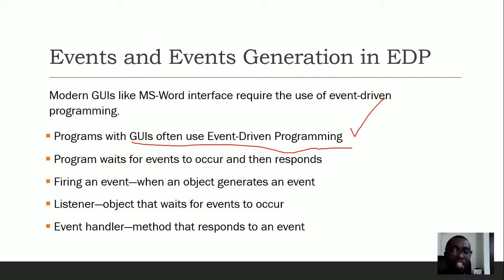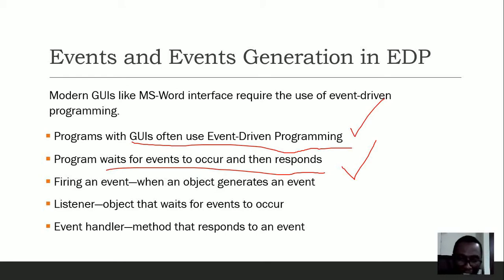It is event-driven programming. Now, programs wait for events to occur, and then they respond. Let me just give a small example. You want to log into Gmail, you type in your password, you have to press enter, or click sign in or log in.